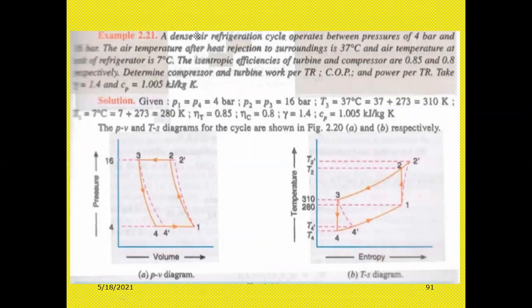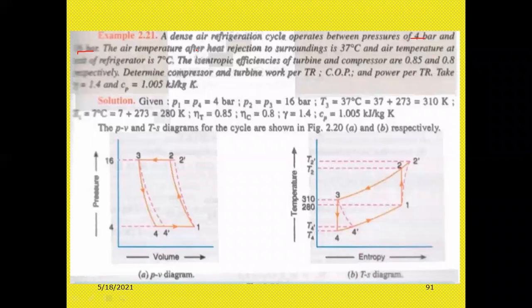The dense air refrigeration cycle operates between the pressures 4 bar and 16 bar. So simply we can say P1, P4 are one pair and P2, P3 another. So P2, P3 is 16, P1, P4 is 4 bar.